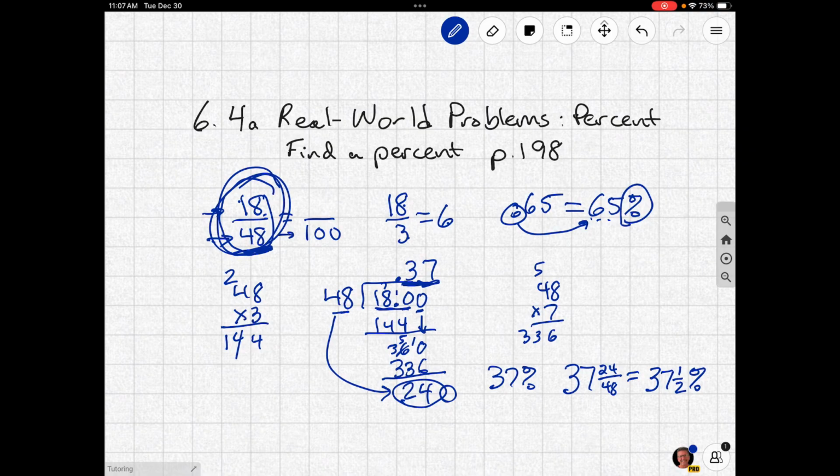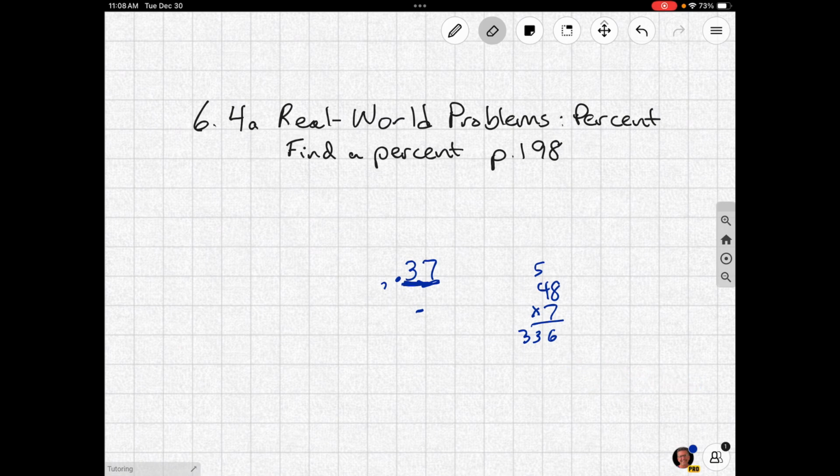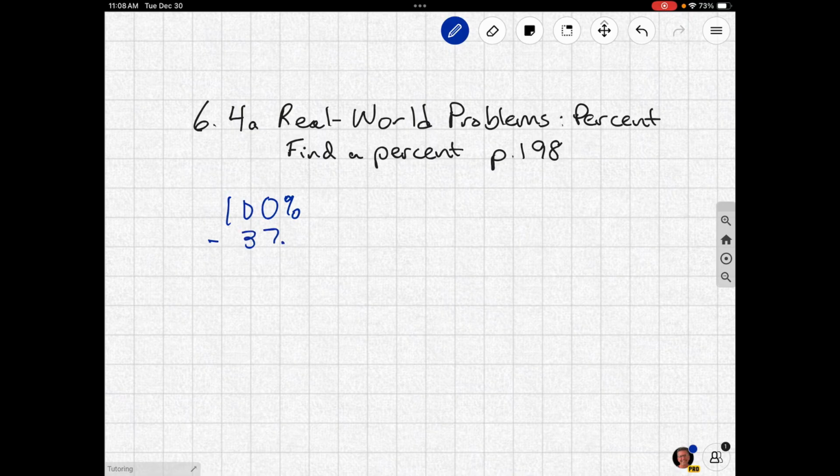All right, and then let me erase this. Part B, you can pause the video if you need to take a look at that a little bit longer, but back it up. Part B asks what percent of her team's points did the rest of Julie's team score. Well, if the whole score is 100%, right, the 48 points, and she scored 37.5%, we can figure out the rest by simply subtracting.